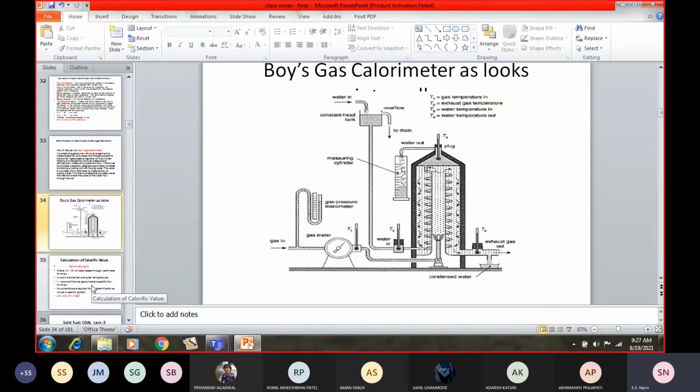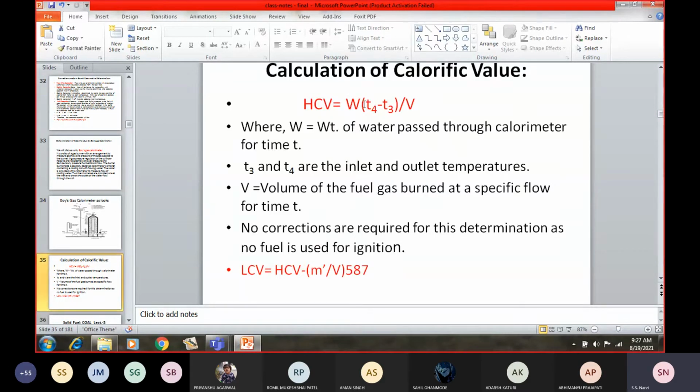Now you can see there is no need of small w here, because you have done the real experiment when a final temperature T4 has been attained.